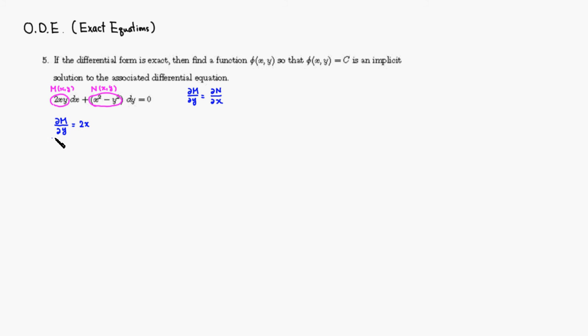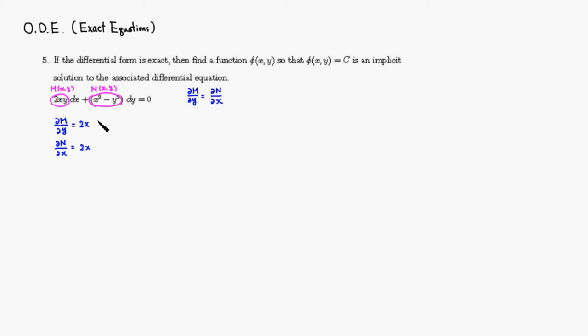Then let's find the partial derivative of N with respect to x. The partial derivative of x squared would be 2x, and the partial derivative of negative y squared with respect to x would be 0, because y is considered to be a constant.